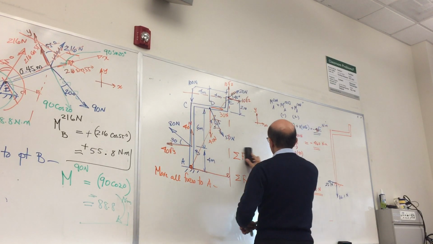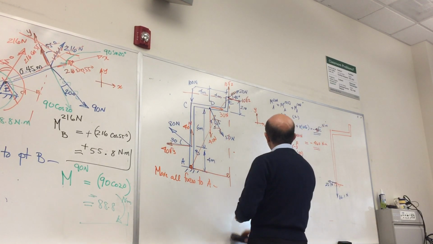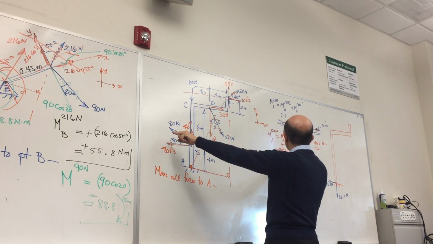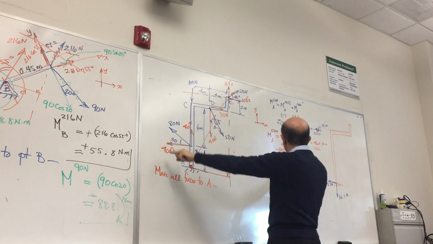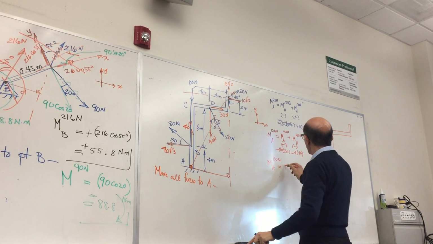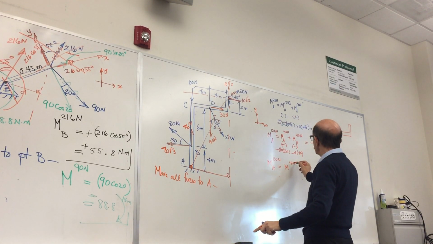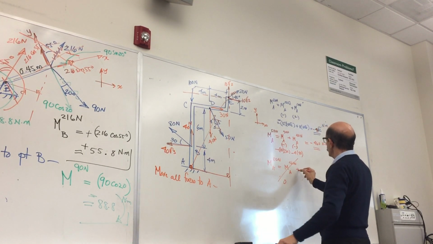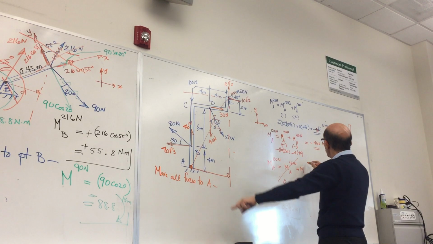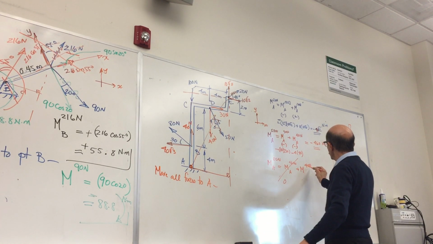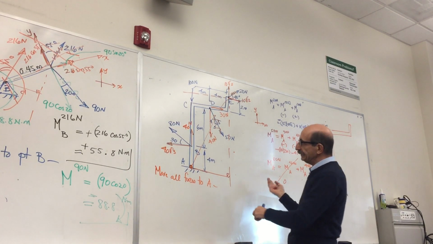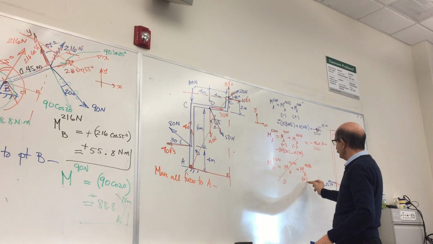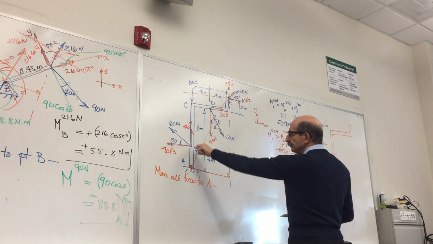Therefore, I'm going to erase this to get that out of our way. So the moment of 80 Newton about A would be the moment of that 40 Newton about A, which is 0, plus the moment of that 40 square root 3 about A, and that rotates in that direction, so it would be positive, and the moment arm is 4.